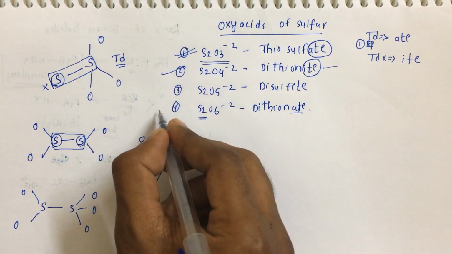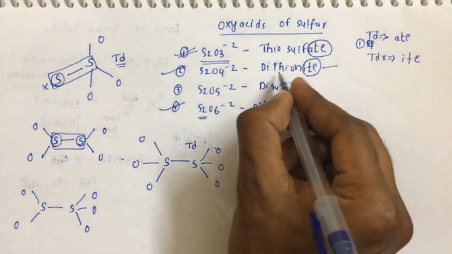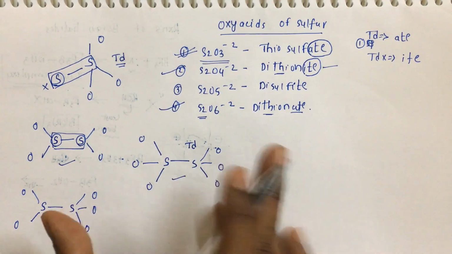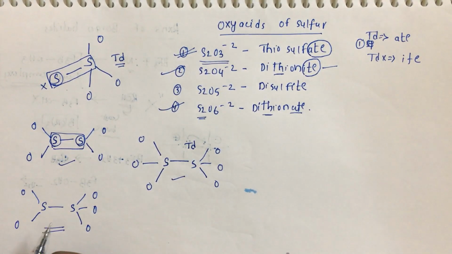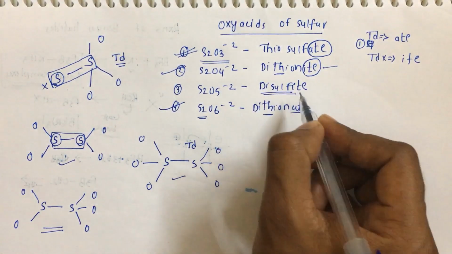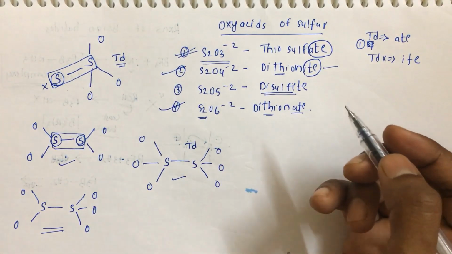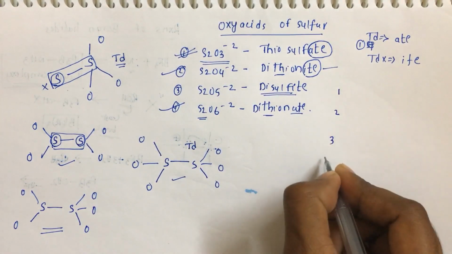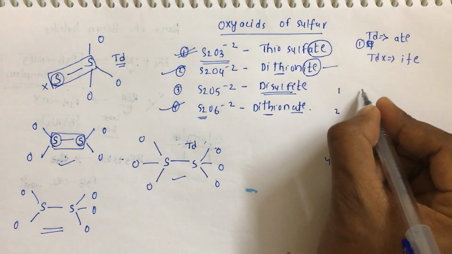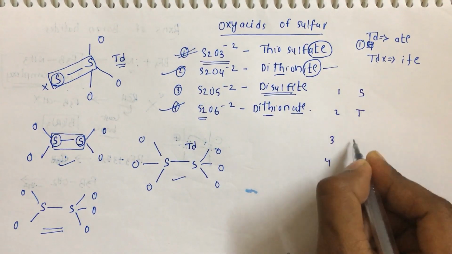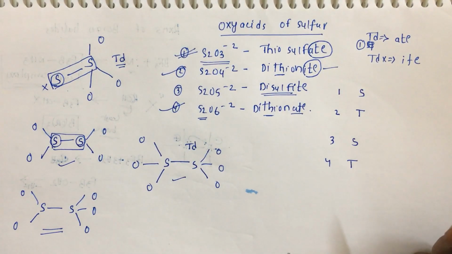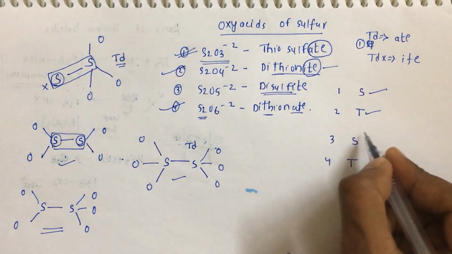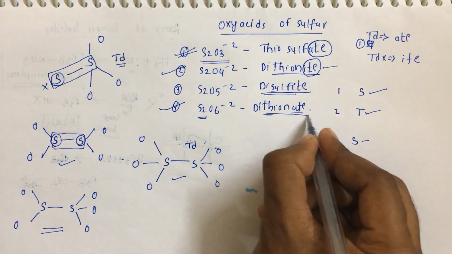And the second one, the fourth one, see, we are calling this one a thionite, because in both the cases sulfur is in an equivalent environment, but here sulfur is not in an equivalent environment, so that's why we call it a disulfite. So don't get confused, just remember the first one, second one, third one, fourth one. Okay, remember like this, S T S T. S means sulfate, T means thionate, S means sulfite, T means thionate.